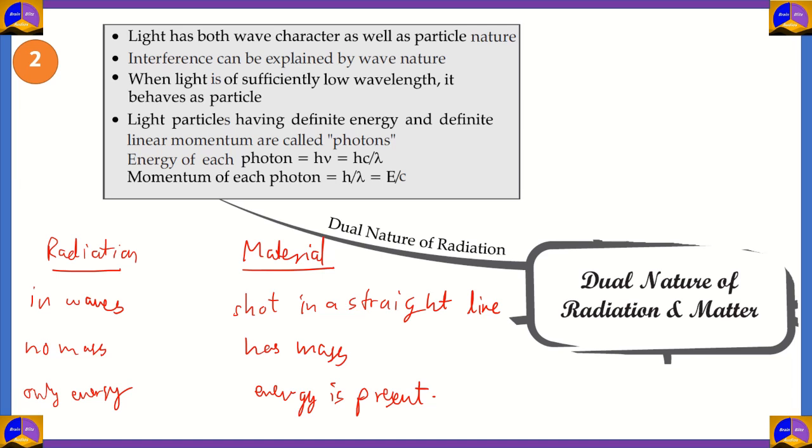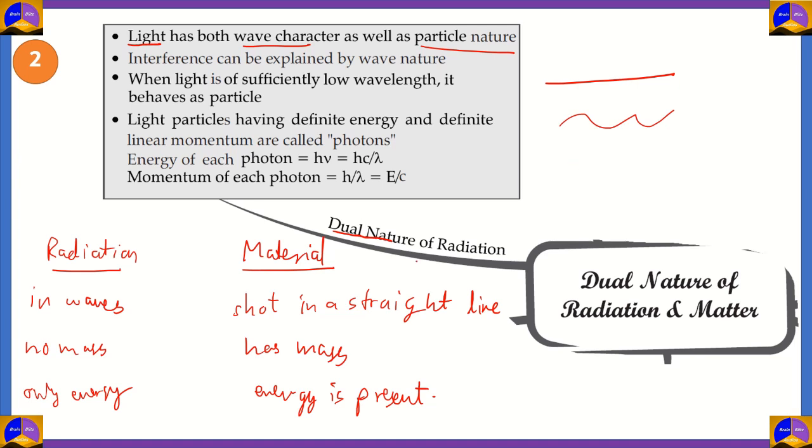When we're talking about radiation, we can classify radiation as having a dual nature. That means you can think of light as a radiation that has both wave character as well as particle nature. Earlier we thought that light was just a ray, then we realized that it's a wave, but after looking at some other properties we think that light also has particle nature.